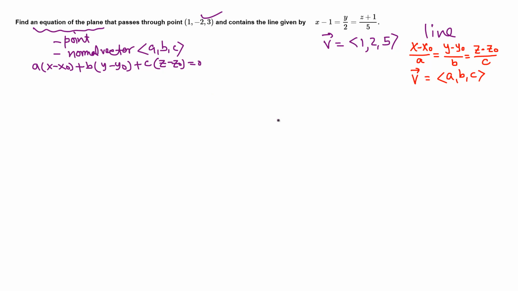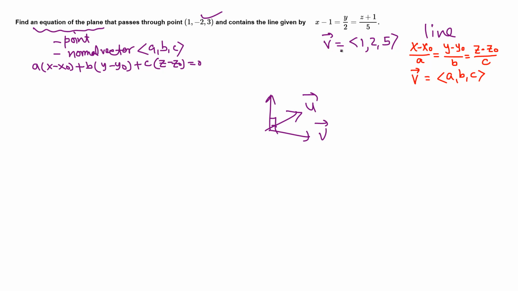If we have two vectors on the plane, let's say u and v, then we can find the cross product, and that cross product will be perpendicular to both. That means that will be the normal vector. So we need to find two vectors on the plane and find their cross product.